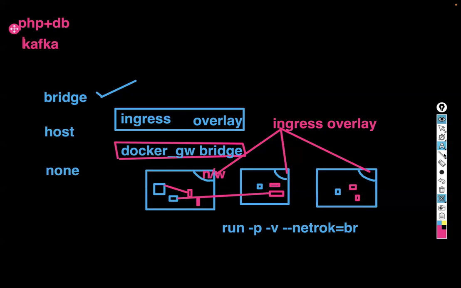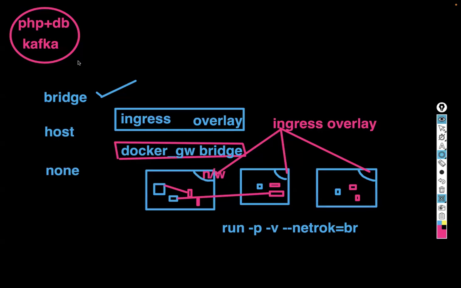I don't want Kafka to communicate with PHP. But if you just create them as is, all of that goes into the same network and they're open for communication. One reason is you can't control the communication. Second, if you put everything in the same network and there is any network failure, it may not work, and all the services may fail.